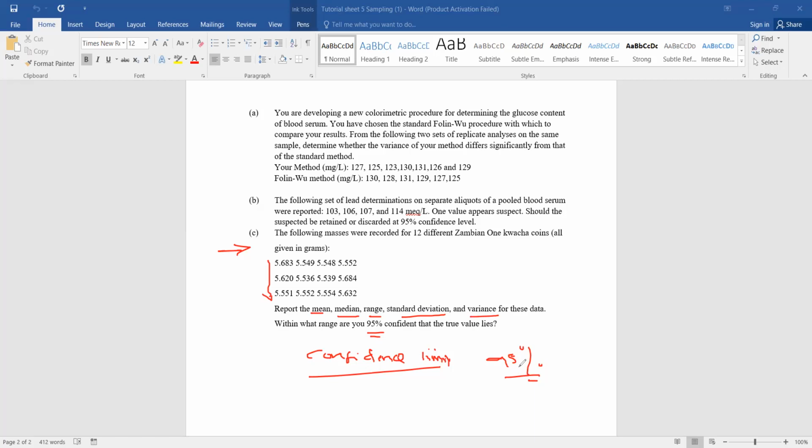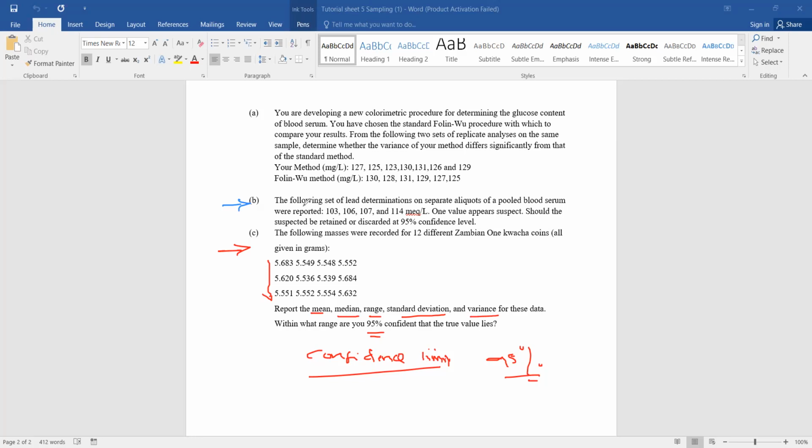Question number B. For B, they are saying the following sets of determinations on separate aliquots of pooled blood serum were reported: 103, 106, 107, and 114 milliequivalents per liter. One value appears to be a suspect. Should the suspect be retained or discarded at the 95% level?